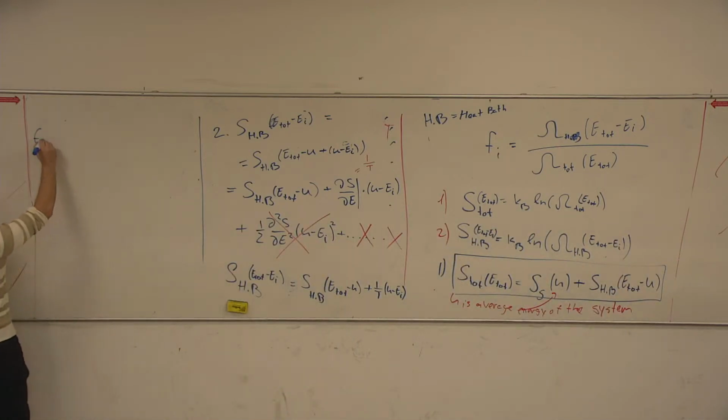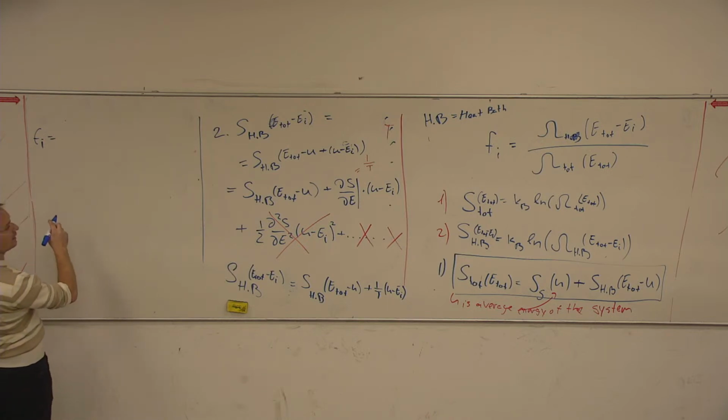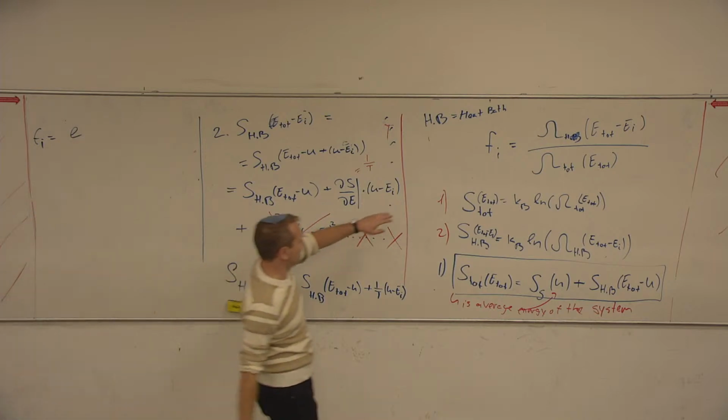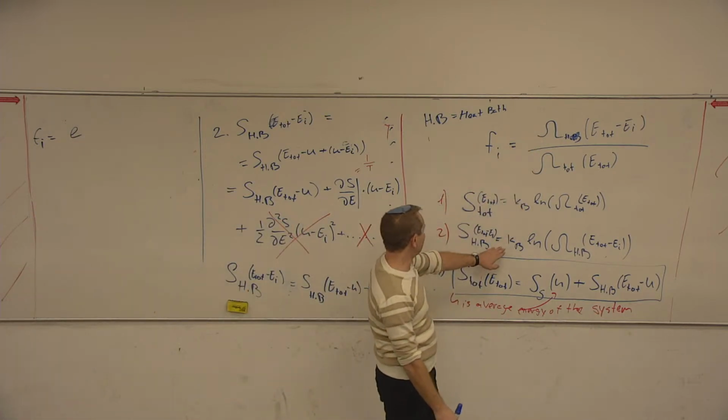No. We assume that the temperature is constant, so everything else is exactly 0. Okay, so what is Fi? Okay, so we have E, right? So what terms go over here? This one, right?